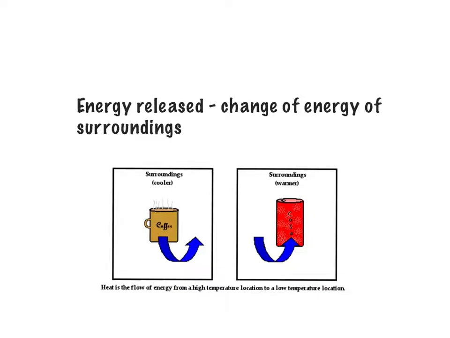So here in essence is what we're trying to do with this whole idea of calorimetry. Calorimetry is basically looking at measuring changes in the surroundings to deduce how much energy was in something, or more importantly, how much energy moved out or moved into something.